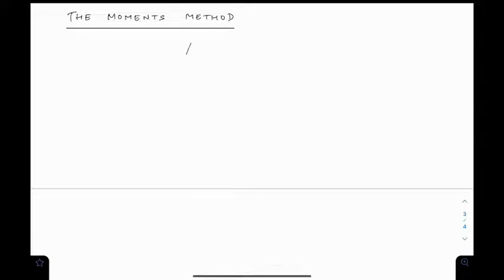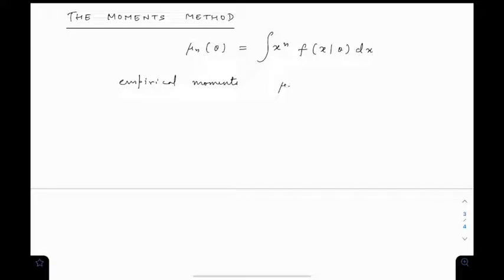So mu n theta is given as the expectation of x to the power n. The empirical moments, for example, the sample mean or the mean of squares, which we can extract trivially for a sample, are estimators of the moments of the distribution. From the inverse function, we obtain a consistent estimate of the parameter.